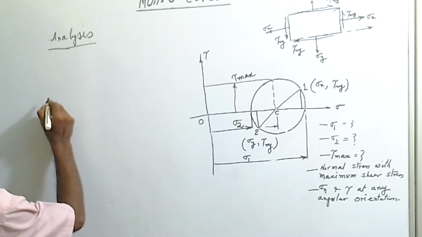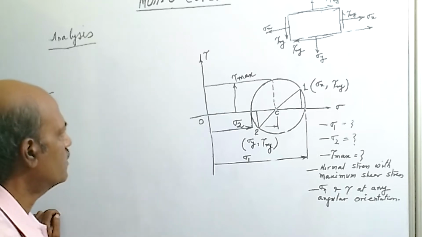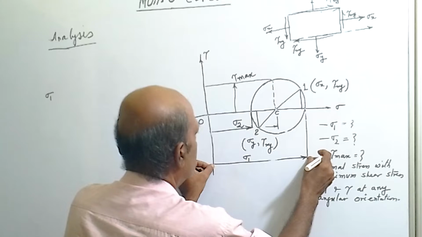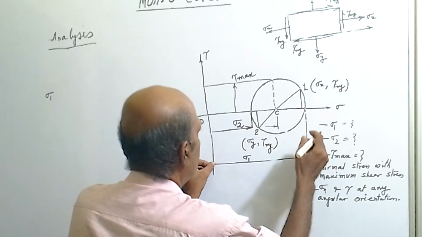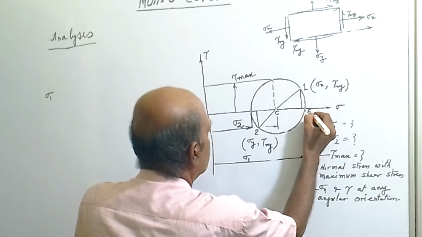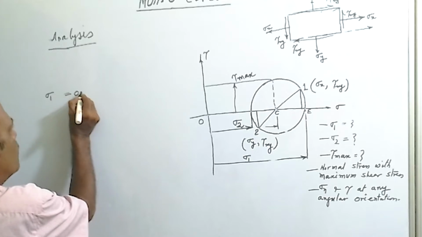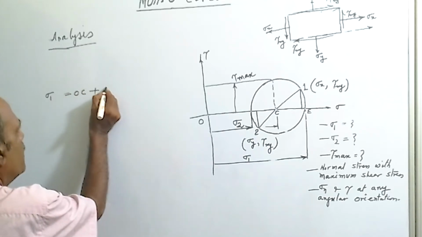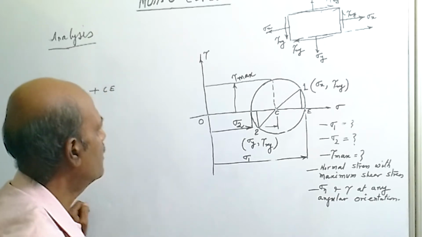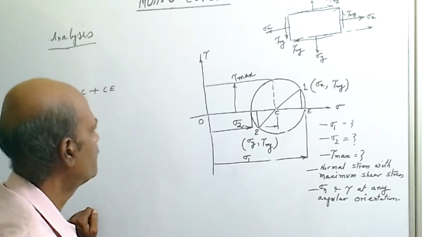Now we are going to calculate sigma 1, that is the major principal stress. What is major principal stress? This value will give the major principal stress. So this value will be equal to OC, say this point is E, so we can write OC plus CE, that will give sigma 1 value.